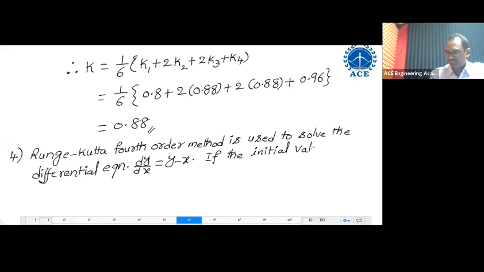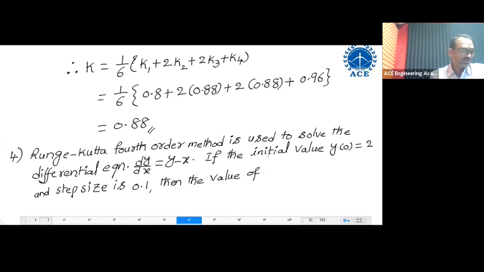If the initial value y of 0 is equal to 2, and the step size is 0.1, then the value of y of 0.1 is a dash, up to 3 decimal places.